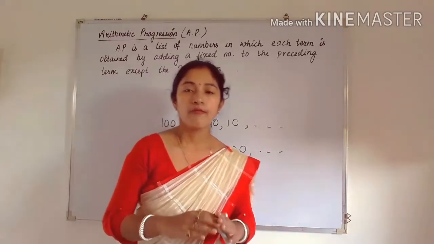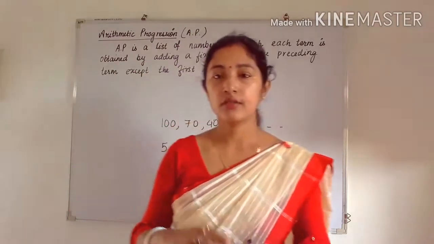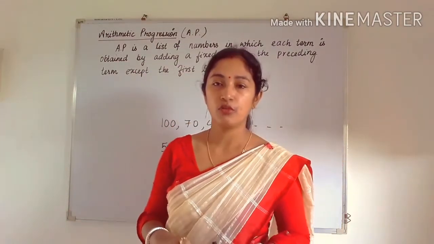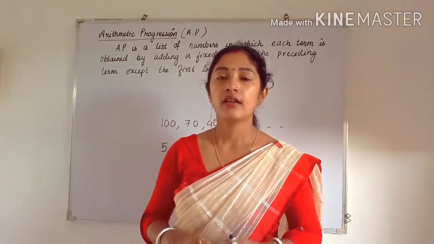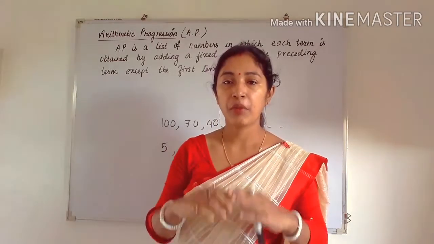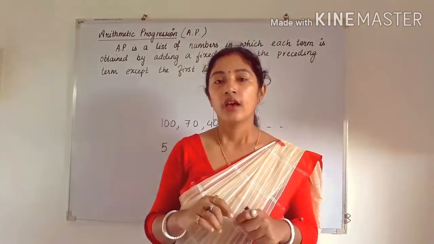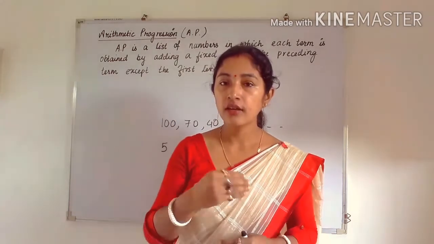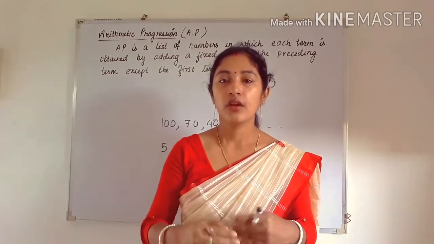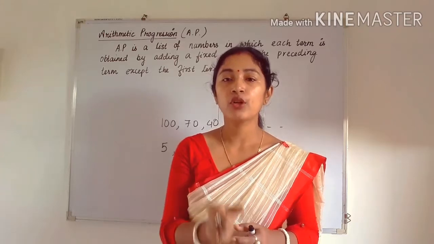Arithmetic progression also follows a rule, and the rule is that we get the next term by adding a fixed number to each term.